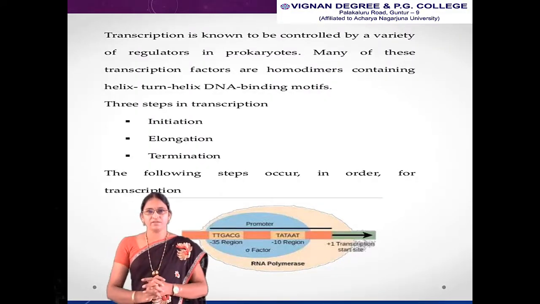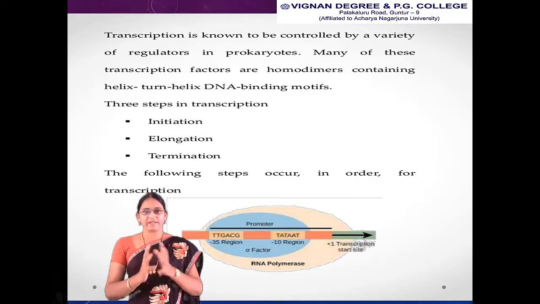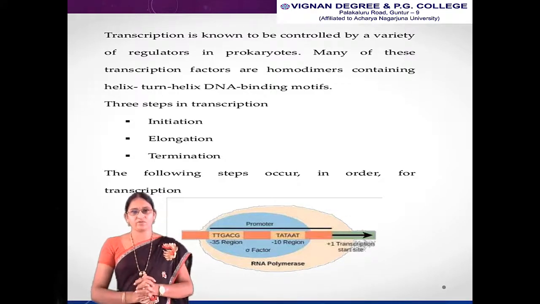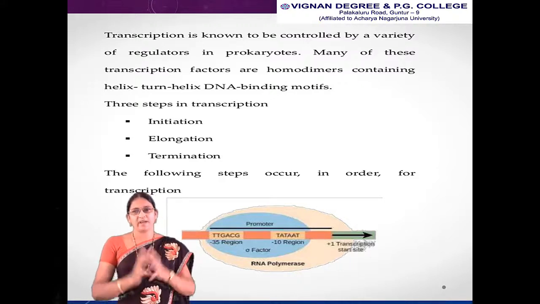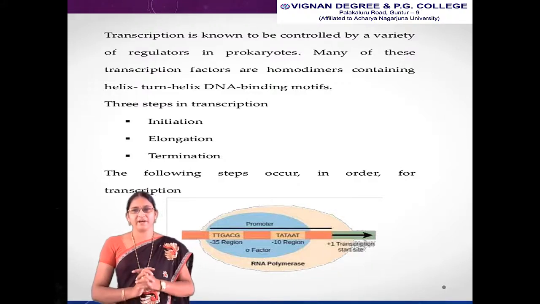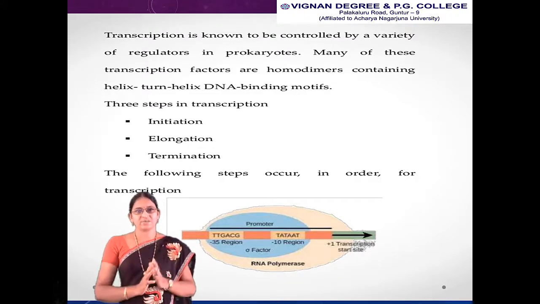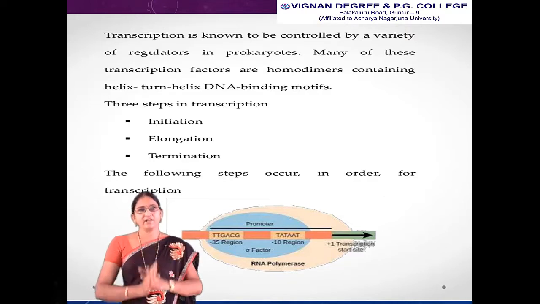So, transcription is known to be controlled by a variety of regulators in prokaryotes. Many of these transcription factors are homodimers containing helix-turn-helix DNA binding motifs. So gene expression, gene transcription, is controlled by many regulatory proteins.